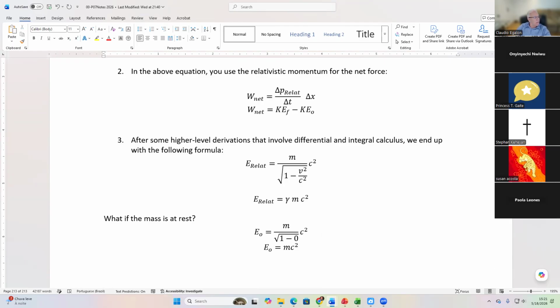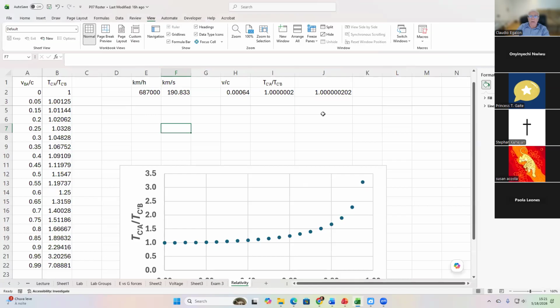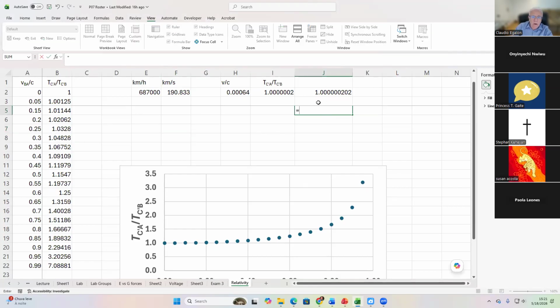What is the rest energy of 1 kilogram mass? This is a very good exercise to do. You can calculate it. Here you go, let's see. 1 kilogram mass, right?